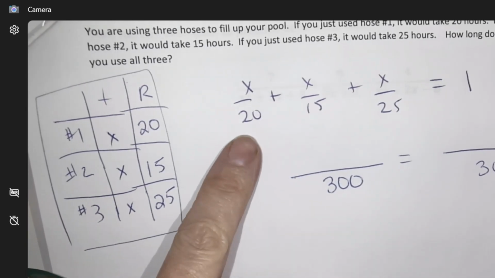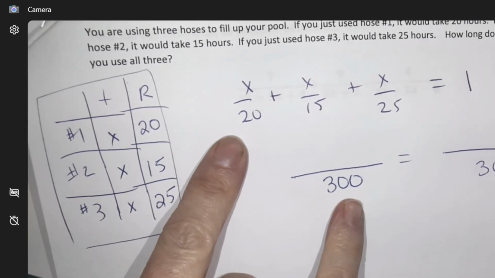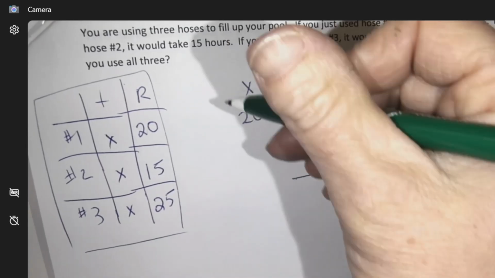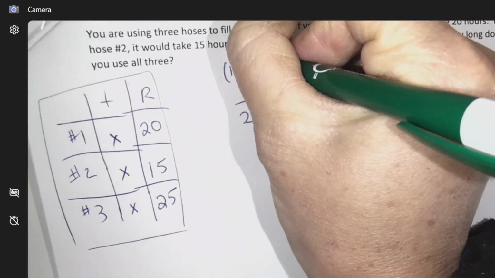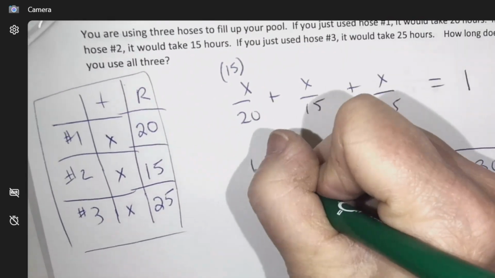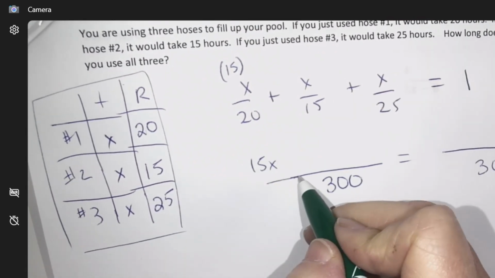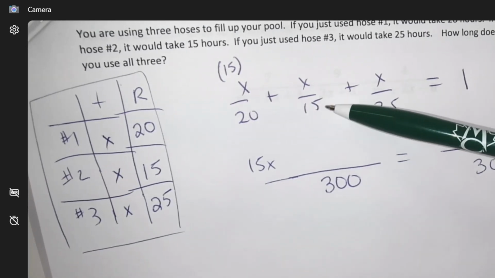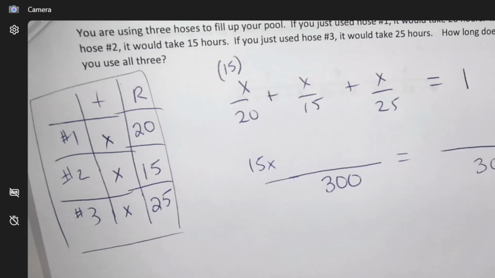Okay, what would you do to change a 20 into a 300? What's that multiplier? You'd have to times it by 15. What do you do to times 15 into a 300?